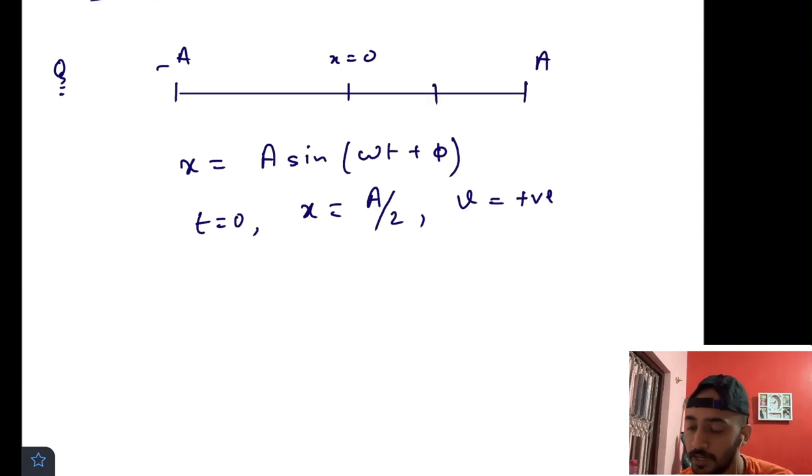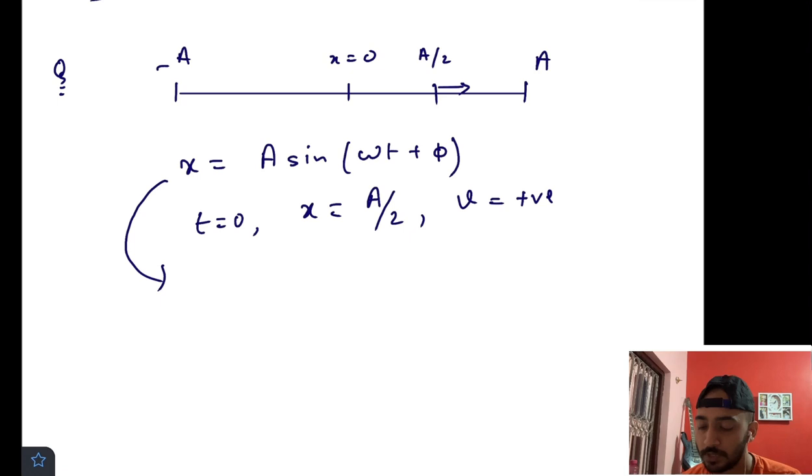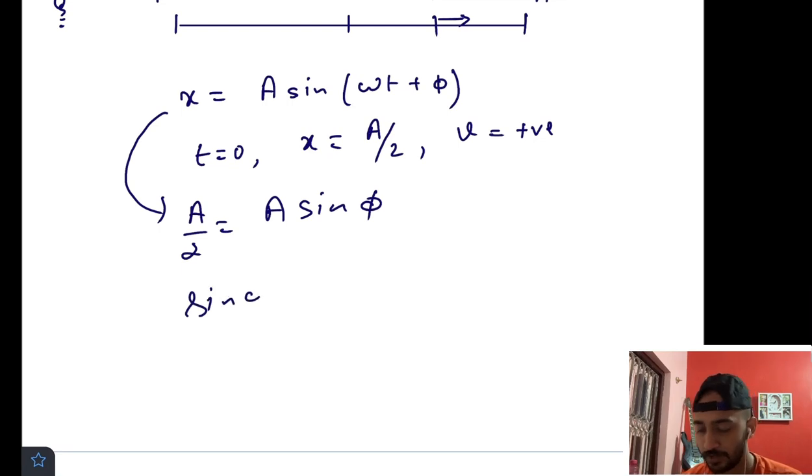That means at t equals 0 the particle is at x equals a by 2 and the velocity is positive. Now just put t equals 0 here and x equals a by 2. So we have sine phi equals half.